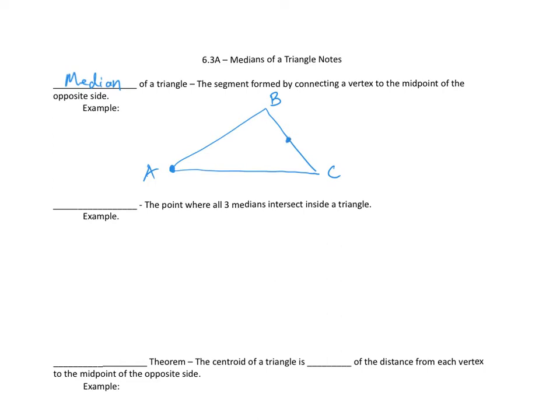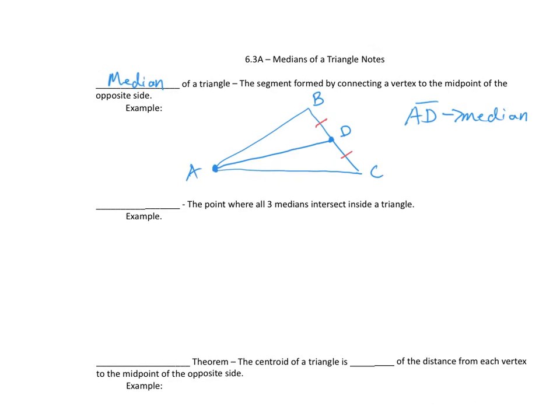So here, assuming that B and C are congruent, I'll call this point D. If I connect this, AD is our median, the median in this scenario right here.